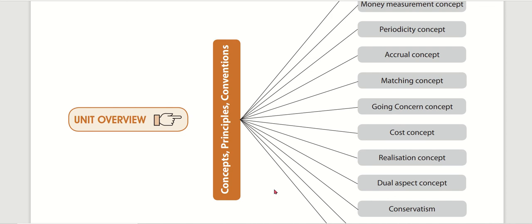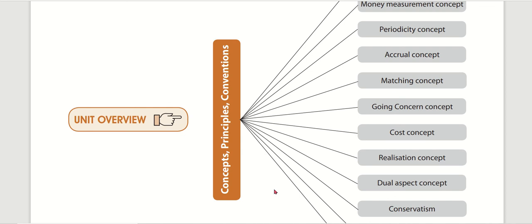Correct? Now, suppose in the business you are in, you have acquired stock which is lying in your godown worth, let us say, 1 lakh rupees at cost price. On 31st of March, you have stock lying with you which you acquired at a cost price of 1 lakh.